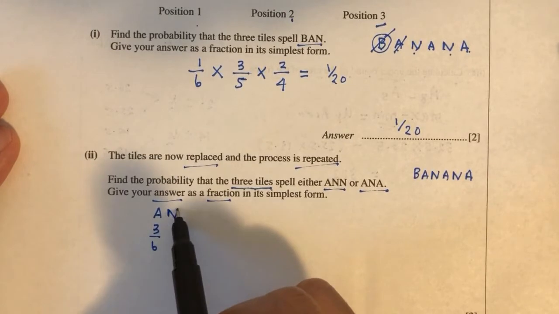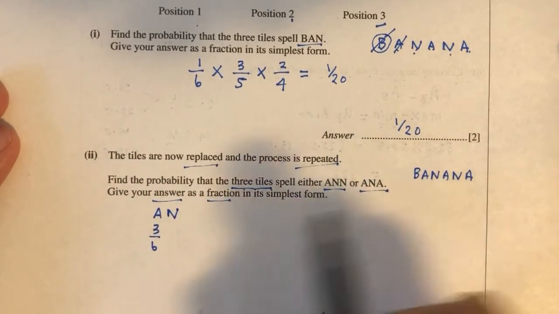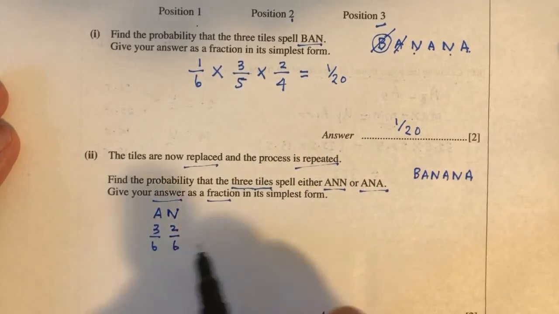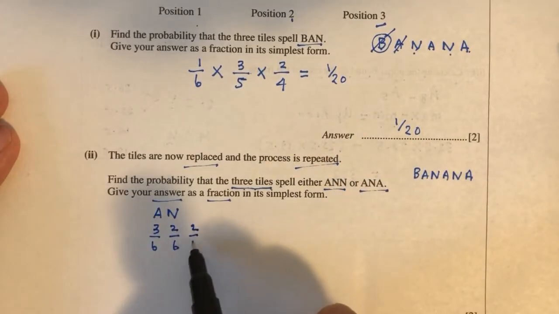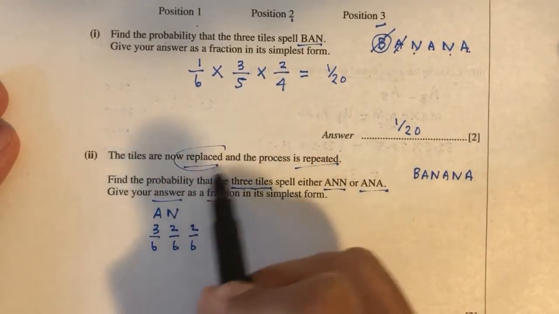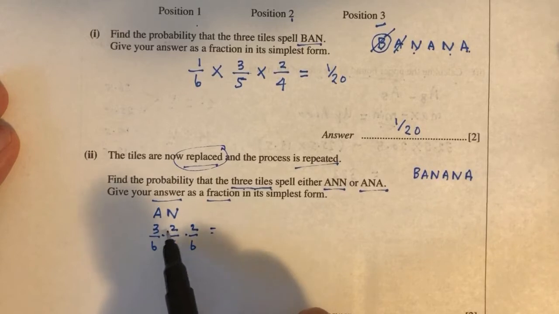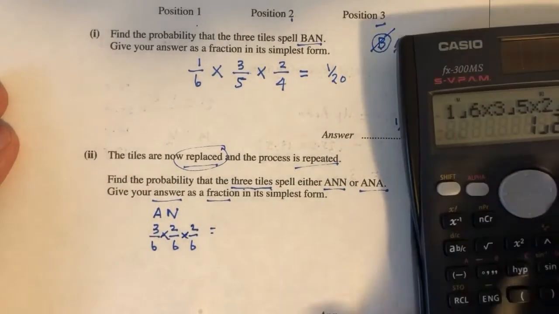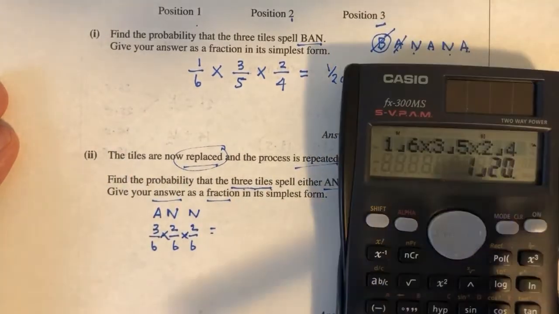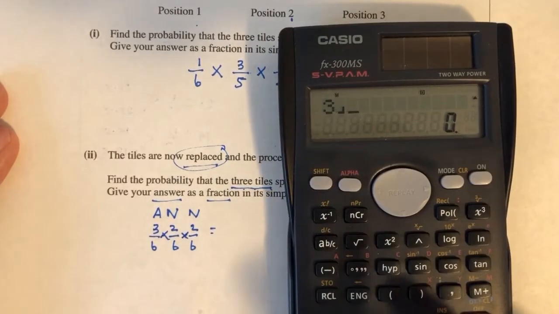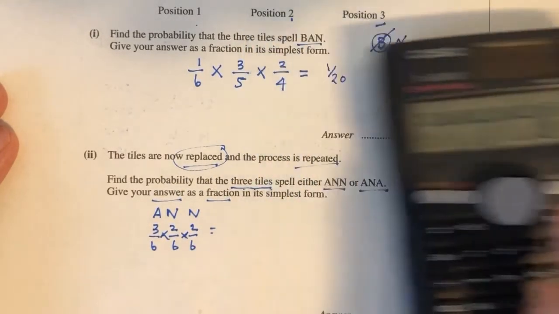For the next to be N, we have a chance of 2 over 6. Last one, the same thing, because they are now replaced. So multiply those. That's for the first option: 3 over 6 times 2 over 6 times 2 over 6. That will be 1 over 18.